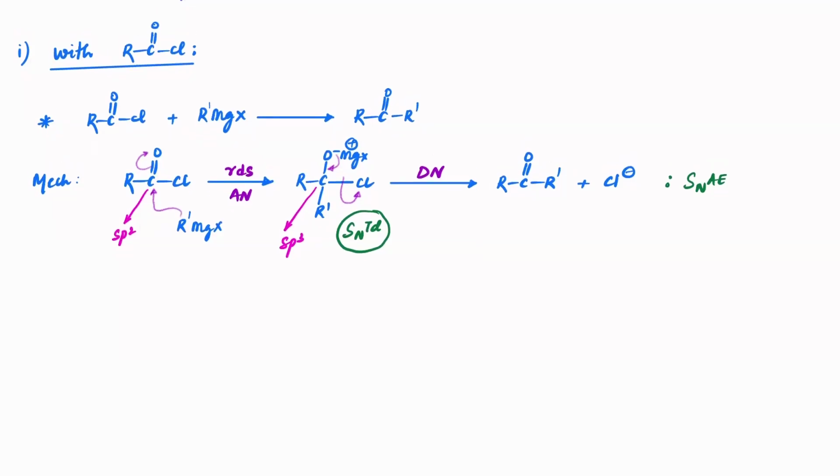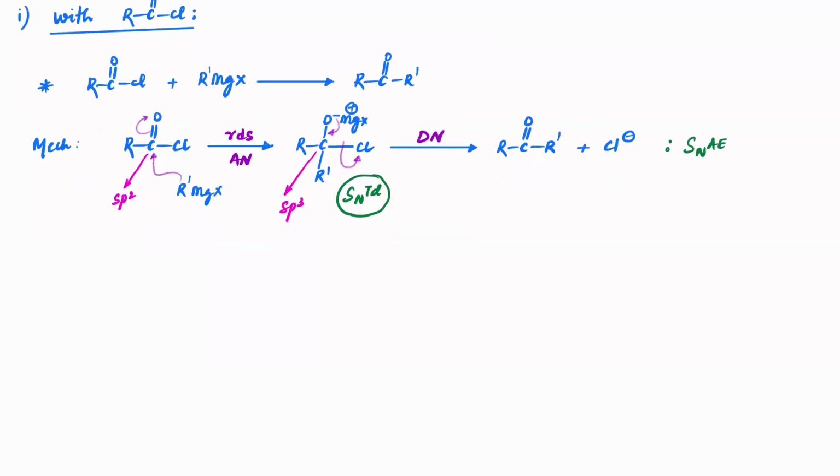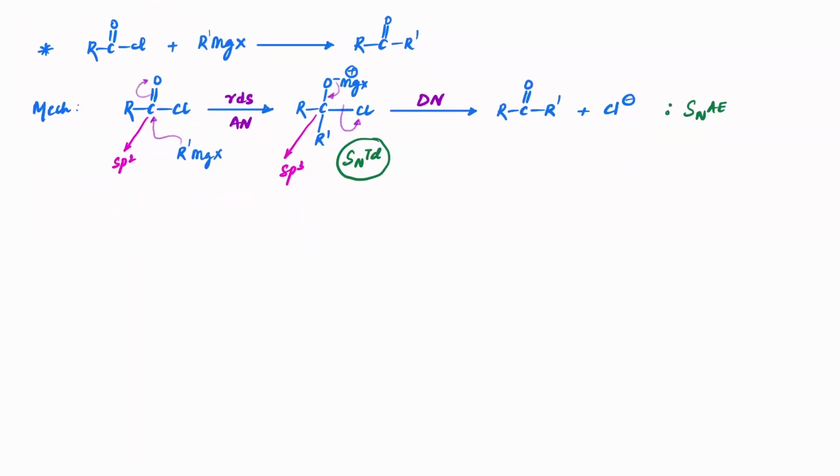So in one step, you are making an addition of the nucleophile, then eliminating the nucleophile, and eventually you will get this as the ketonic form. Okay, this is the reaction which you will get.